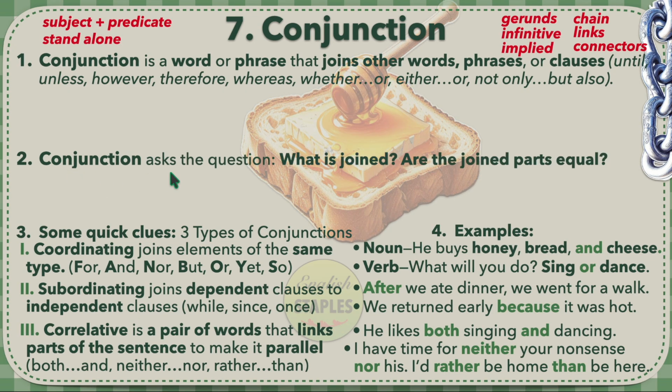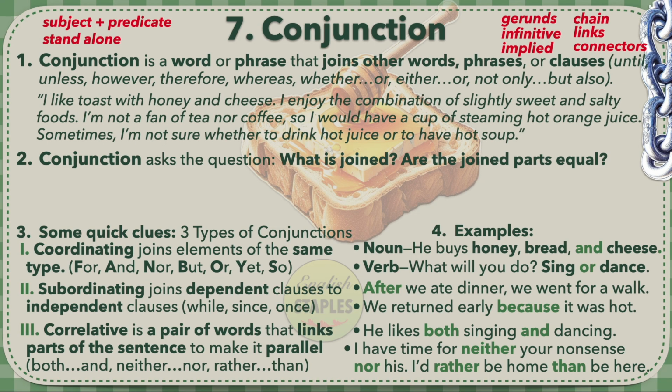Conjunction asks the question, what is joined? Are the joined parts equal? These are questions that will help us to identify conjunctions in sentences or in a paragraph or whatever you're reading. So let's look at some examples. I like toast with honey and cheese.